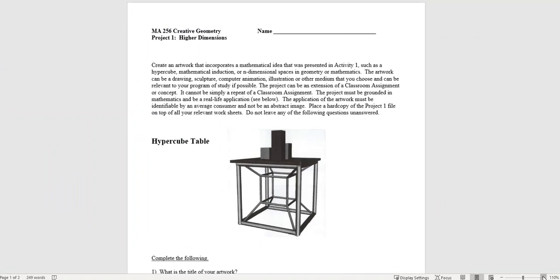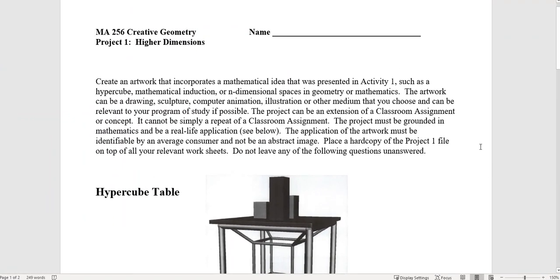So the project again, if we read this, you create some type of artwork, and it's not as flexible as it used to be. With this course being online, it was always on ground, and sometimes students would bring in pieces that they would put together.